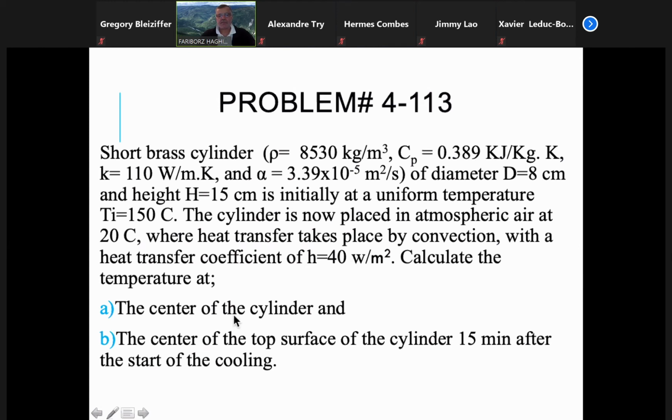What is the temperature at the center of the cylinder? Okay, center of cylinder means x equals 0, r equals 0, okay? At that point, the center temperature. And then we come back to here. Therefore, read the problem and try to understand, and I will show you the solution. Meanwhile, ask me any question that you may have.